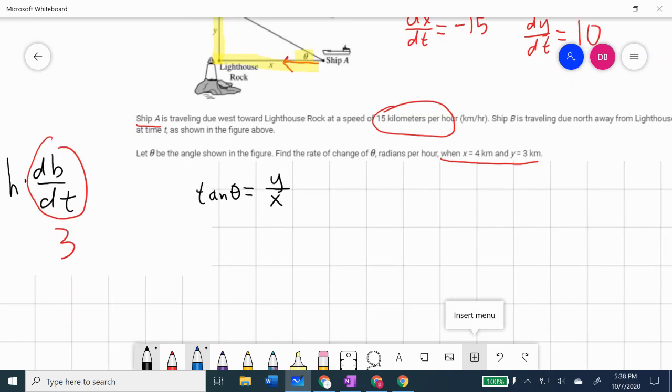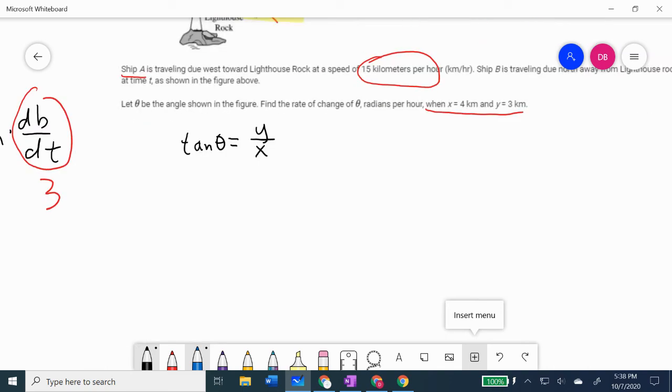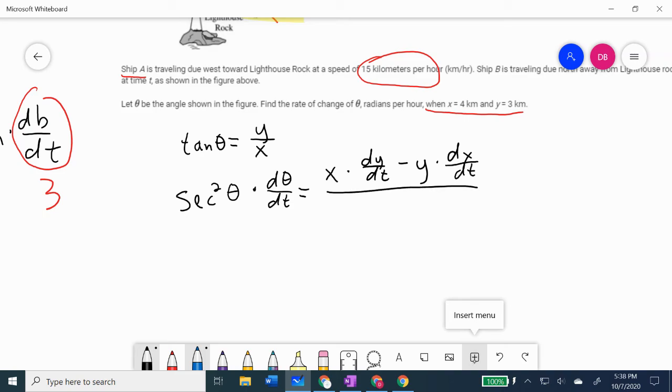And now I need to take the derivative with respect to time. So derivative of tangent is secant squared of the angle, multiplied by derivative of the angle with respect to time. Then I've got a quotient rule. So I go low d high minus high d low. Square the bottom and away we go.